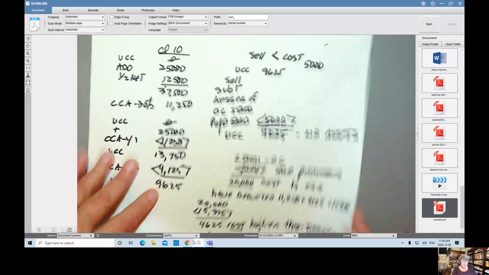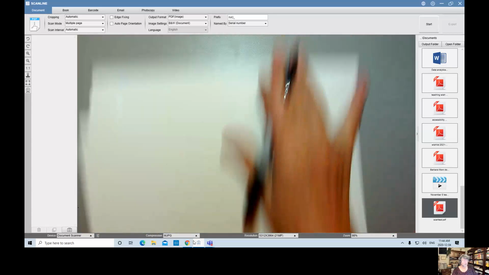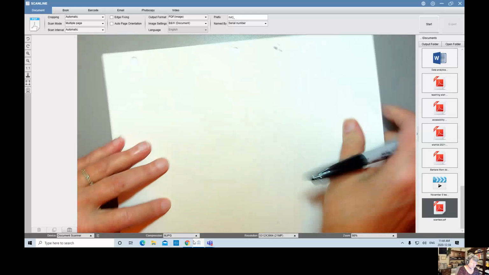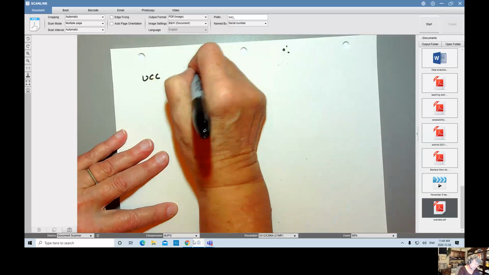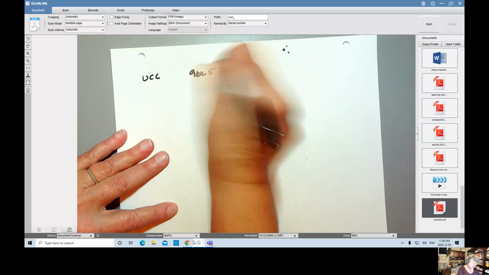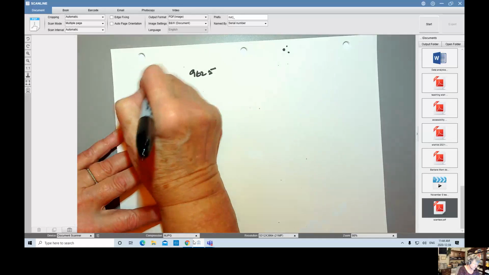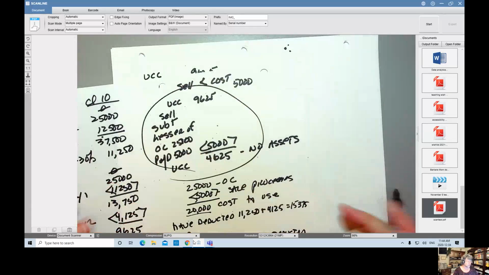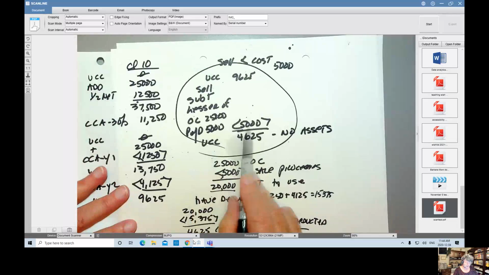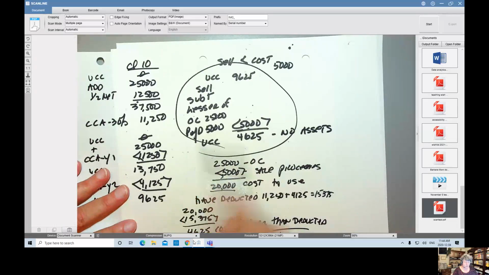So the way that looks is I have the UCC of 9,625. I subtract the proceeds of disposition. Again, we did this calculation right here, where we subtract the lesser of the original cost or proceeds.